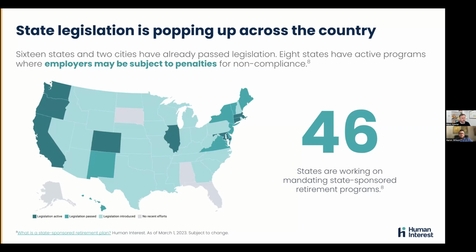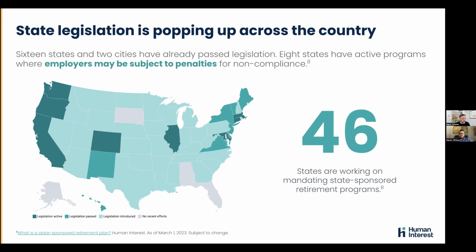Okay? And so what we've seen across the country is that we are now up to 46 states that have started the process of putting a retirement mandate in place, of which 16 have actively passed legislation, and 8 already have what's known as active programs, the majority of which are backed up by pretty severe penalties for non-compliance.